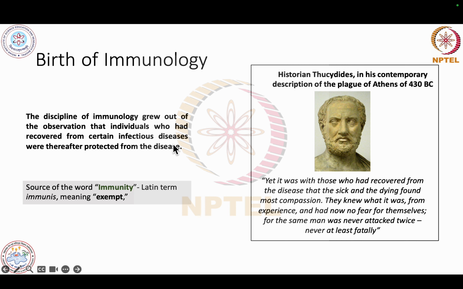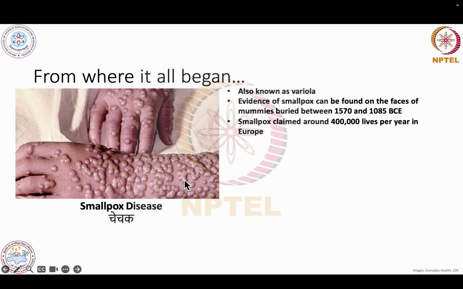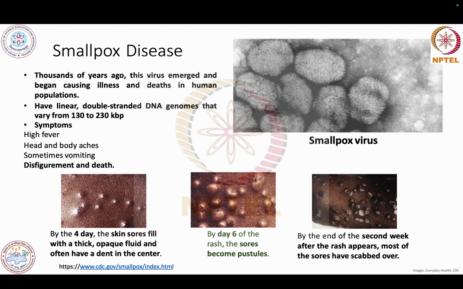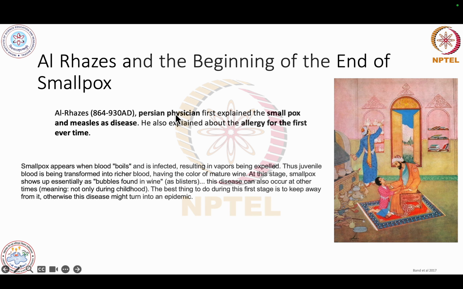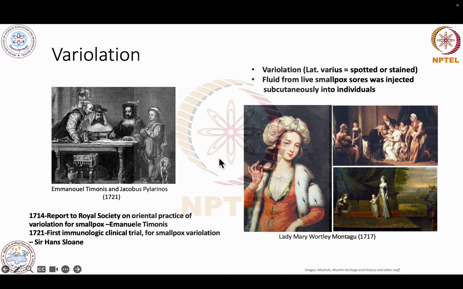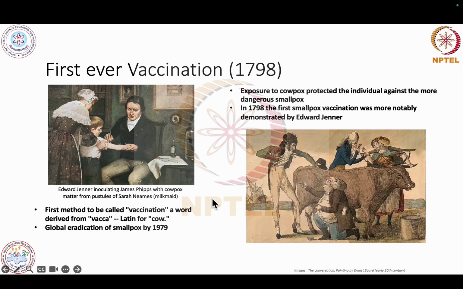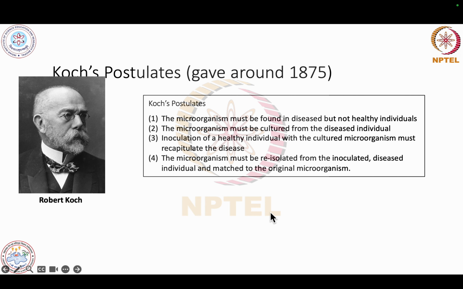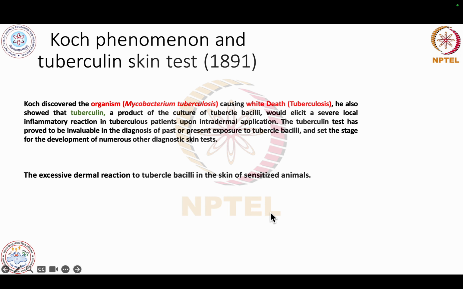So as we were discussing, the plague was endemic around 430 BC. Smallpox has a double-stranded DNA genome. We also discussed variolation, and Koch's postulates.